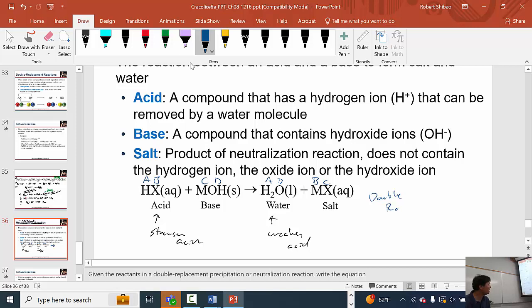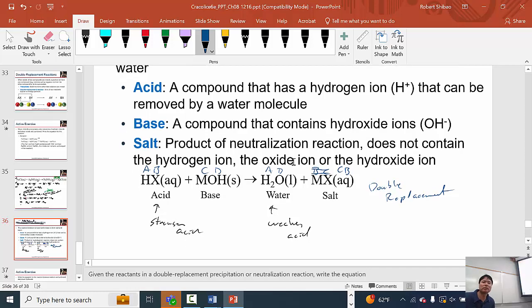I mean, CB, sorry. I got them backwards. CB. So I don't like to subcategorize this as a separate reaction. This is just double replacement.